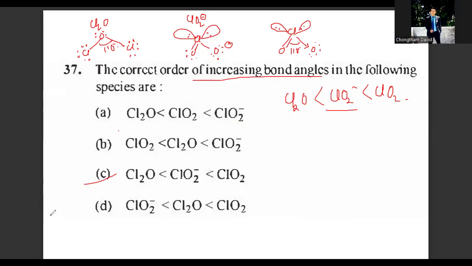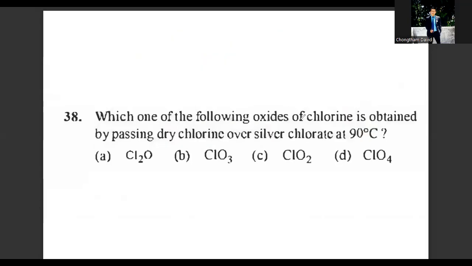Let us read question number 38. Which one of the following oxides of chlorine is obtained by passing dry chlorine over silver chlorate at 90 degrees Celsius? Chlorine dioxide, ClO2, is obtained by passing dry chlorine over silver chlorate at 90 degrees Celsius.